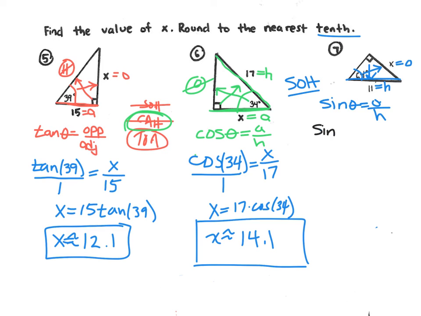So the sine of 64 is x over 11. So x equals 11 times the sine of 64, approximately 9.9.